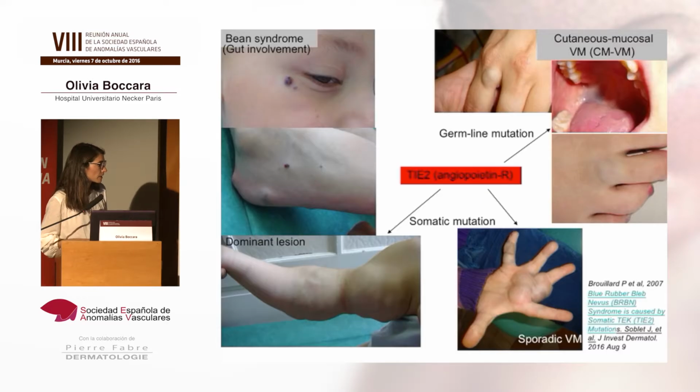So as I said before, we are at the time of the genetic analysis of those vascular lesions. The story started in the venous malformation with those familial cutaneous mucosal venous malformations, which are quite rare, but about 15 years ago, I think, a germline mutation was found to be responsible for this presentation, and it was the TIE2 gene.